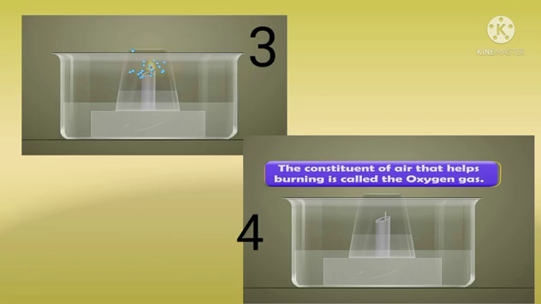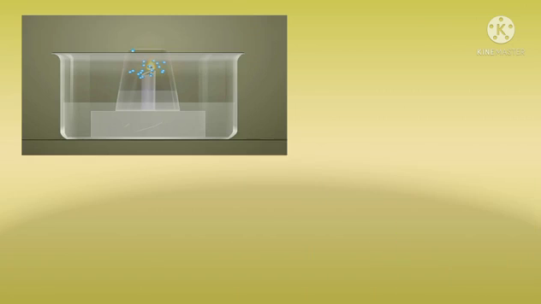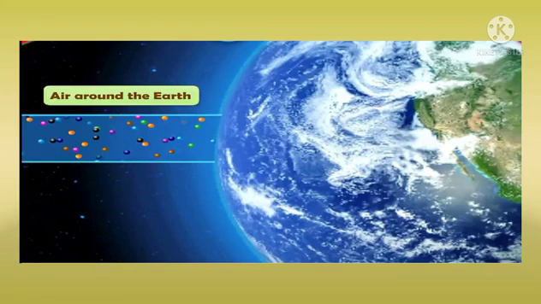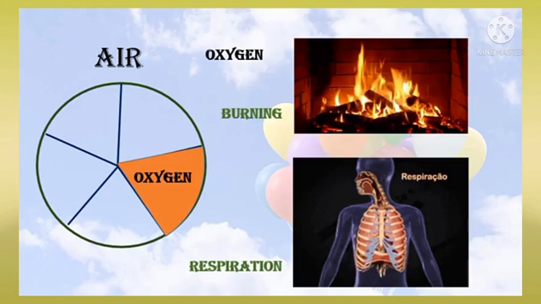The constituent of air that helps burning is called oxygen gas. The Earth's atmosphere is made of air. The oxygen in the air is used both for burning as well as respiration.